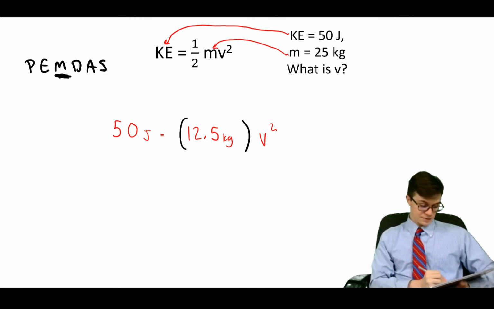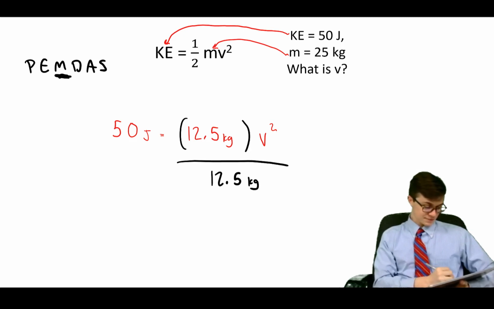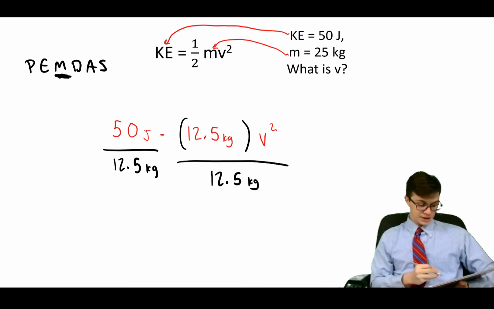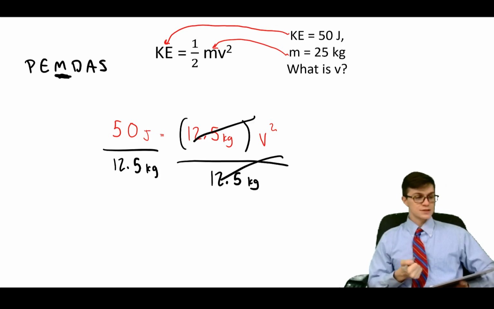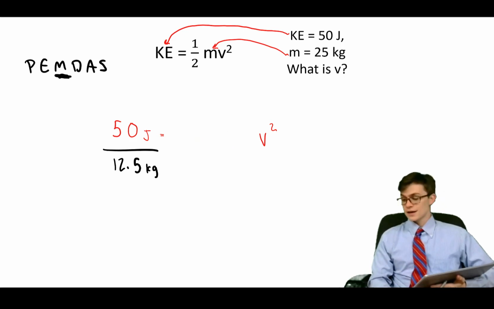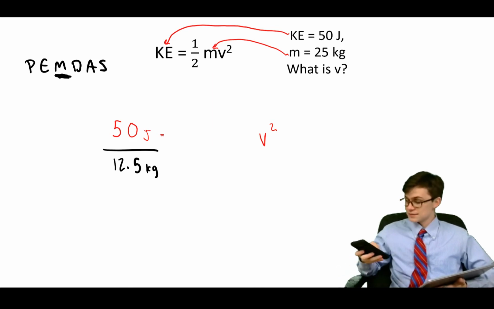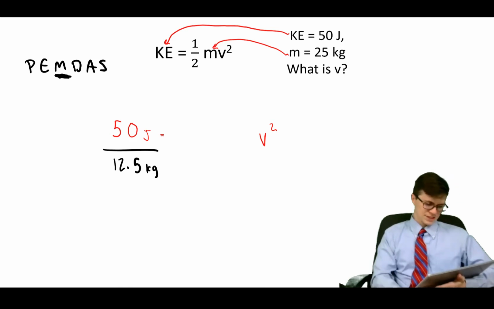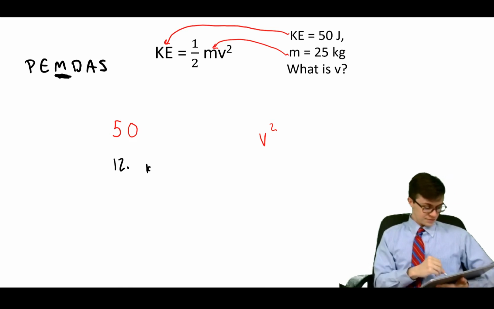And I'm going to do that by dividing both sides by 12.5 kilograms. And that's going to cancel with that. And so what I'm going to get is that V squared is equal to 50 divided by 12.5, which is 4. Should have known that. So that means that V squared is going to be equal to 4.